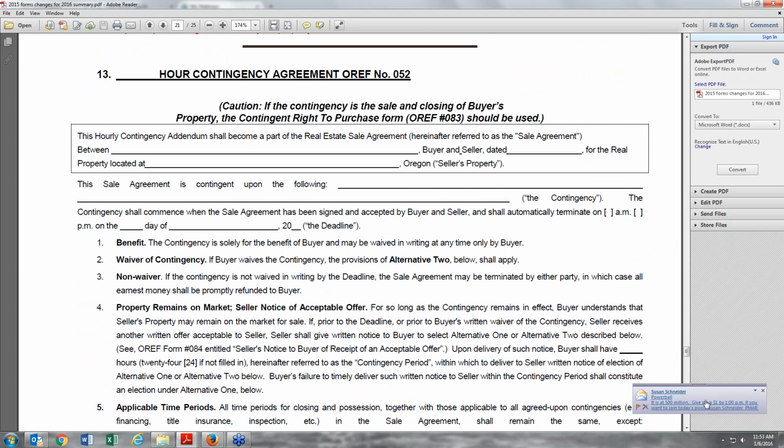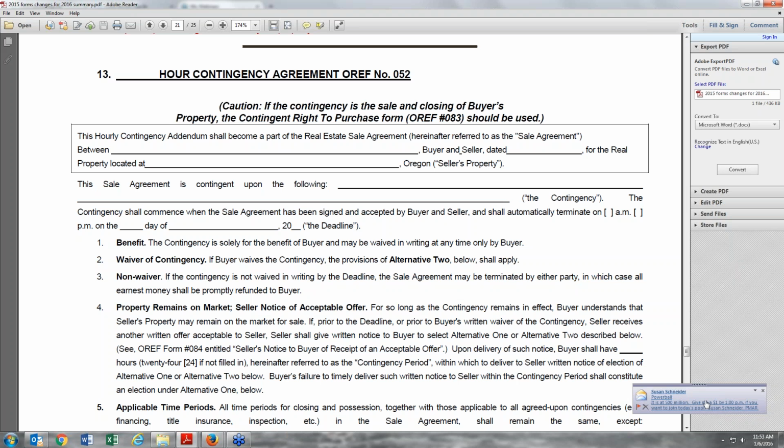That's not what it's intended to be used for anymore, and it's made clear in the contingent right to purchase that if it's a sale subject to the sale of the buyer's property, then the contingent right to sale form should be used, and the buyer's notice of waiver removal of contingency should be used with Form 83.